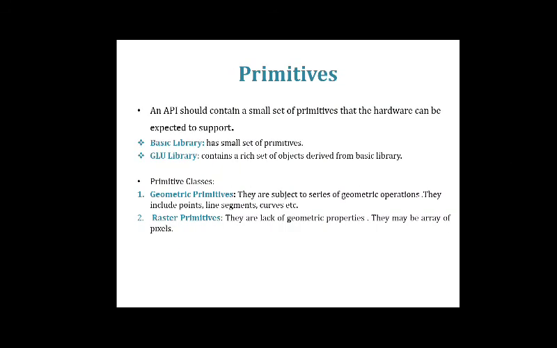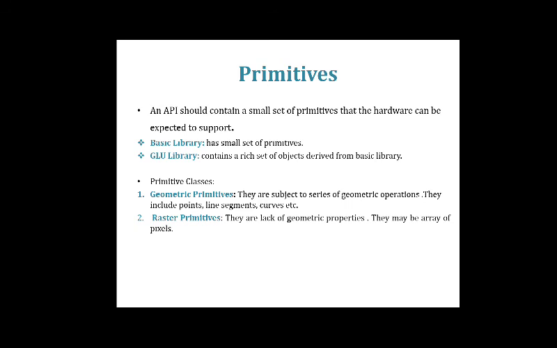Then what are the primitives? The API should contain a small set of primitives that the hardware can be expected to support, right? These primitives are nothing but the operations or main commands we are using, and those primitives interact with hardware to give support to this library.